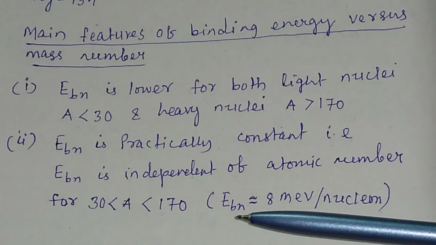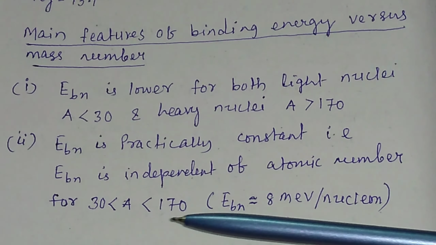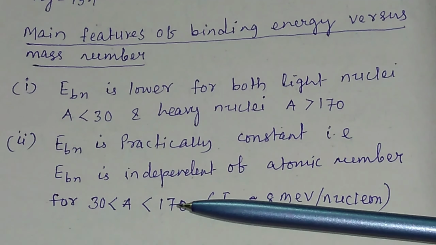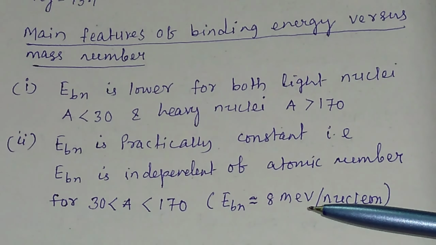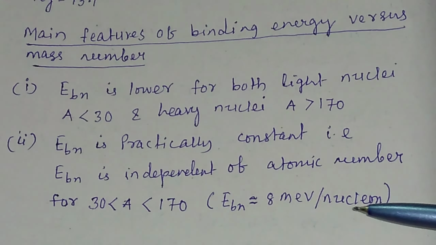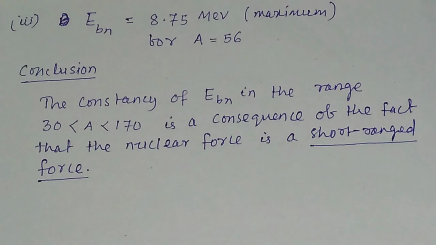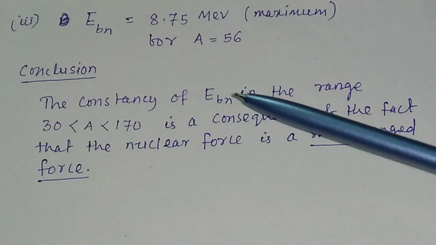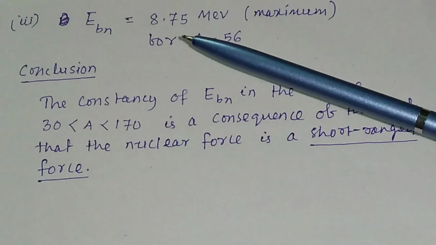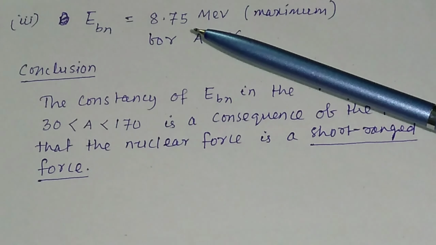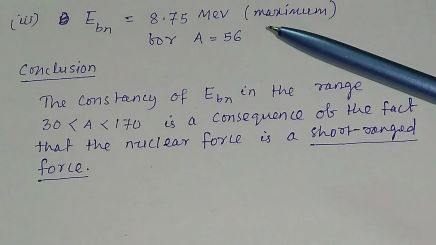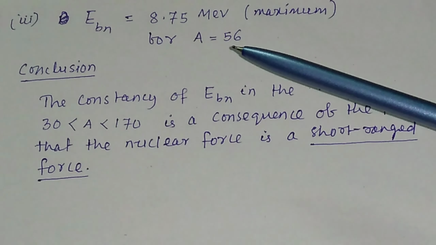The value of average binding energy per nucleon between these mass numbers is about 8 mega electron volt per nucleon. And remember, the value 8.75 MeV is the maximum, for mass number 56.